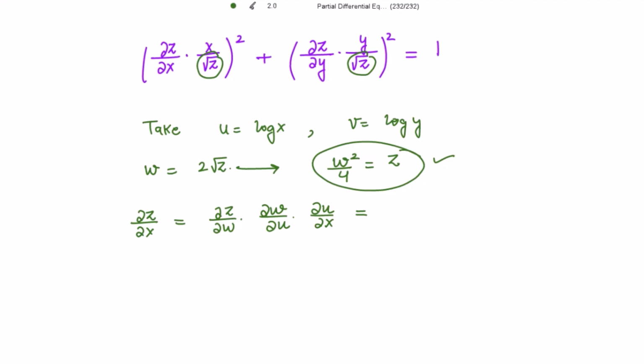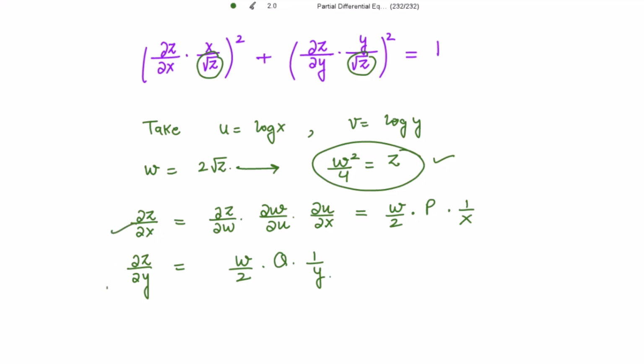It is 2w divided by 4, that is w divided by 2, right? Taking this as capital P, and derivating u with respect to x, we have 1 divided by x. Similarly, del z by del y will be equal to w divided by 2 into q into 1 divided by y, right?